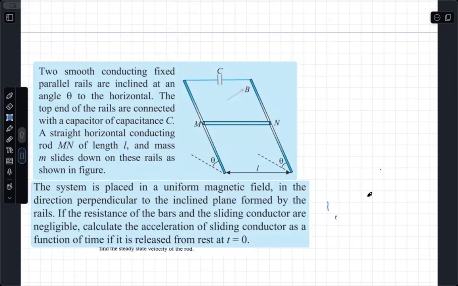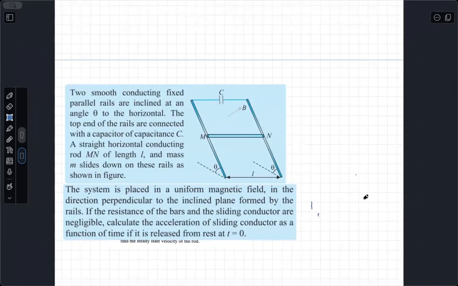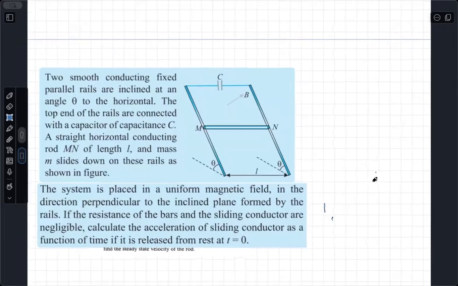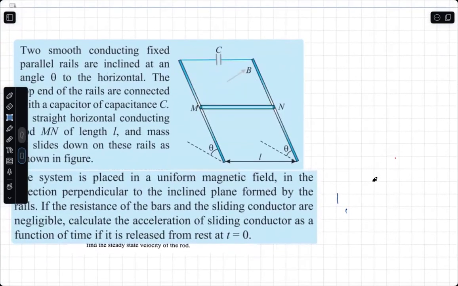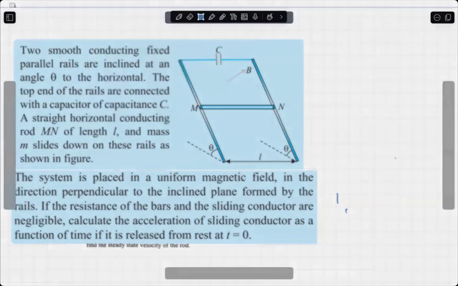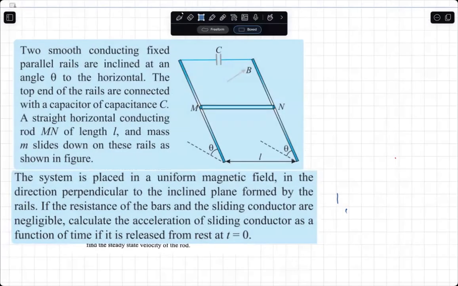Try this. Two conducting smooth fixed parallel rails, system is placed in a uniform magnetic field, direction perpendicular to the inclined plane. What makes the difference?